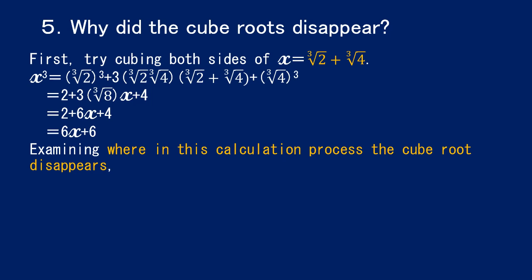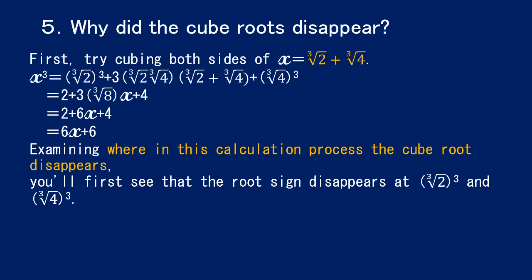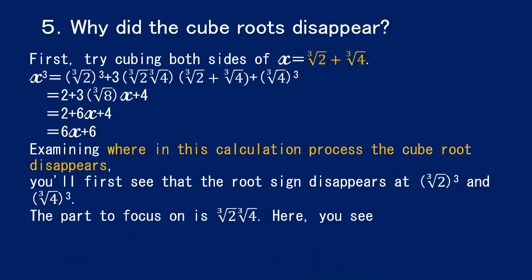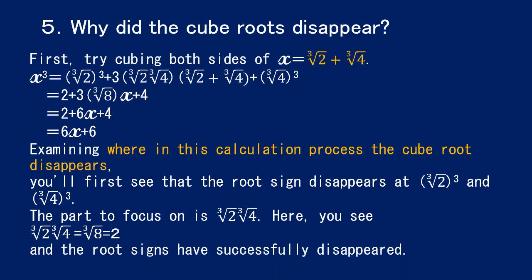Examining where, in this calculation process, the cube roots disappear, you will first see that the root sign disappears at the cube root of 2 cubed and the cube root of 4 cubed. The part to focus on is the cube root of 2 times the cube root of 4. Here, you see, the cube root of 2 times the cube root of 4 equals the cube root of 8, which equals 2. And the root signs have successfully disappeared.